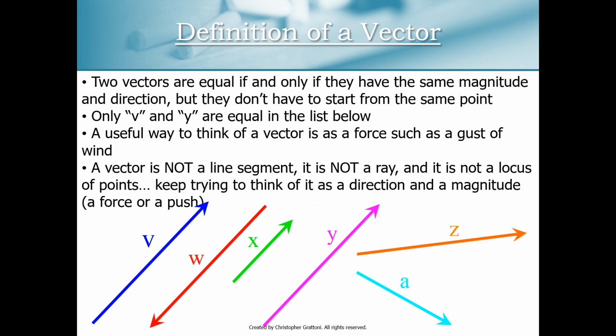In terms of equality of vectors, we say that two vectors are equal if and only if they have the same magnitude and the same direction, but one thing that we don't require is starting that vector from the same position in space. One way to think about this is in a physics class, you often think about a vector in terms of a force, right?